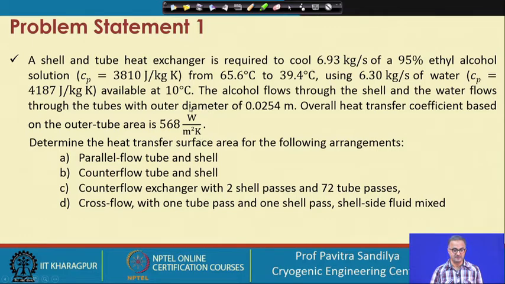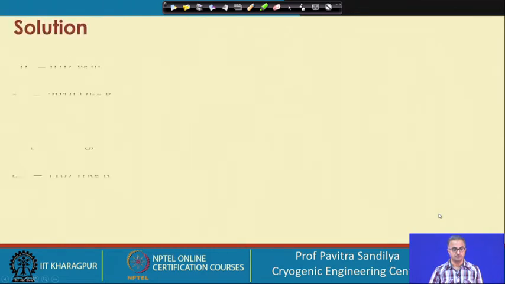And with this given data, we are required to find out the heat transfer surface area for the following arrangements: first parallel flow tube and shell, then counter flow tube and shell, and then counter flow exchanger with 2 shell passes and 72 tube passes, and lastly a cross flow with 1 tube pass and 1 shell pass, and shell side fluid is mixed. So, now let us go to solution.